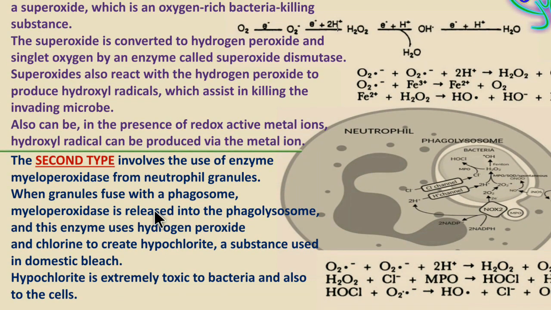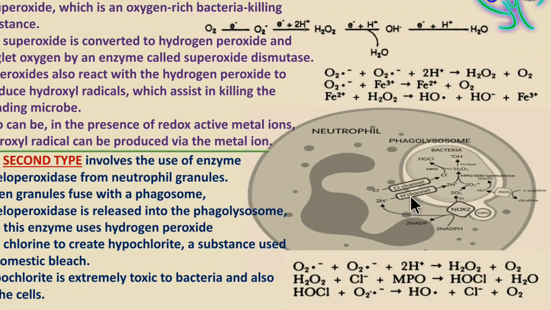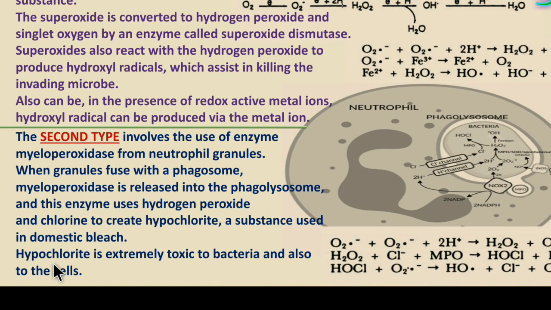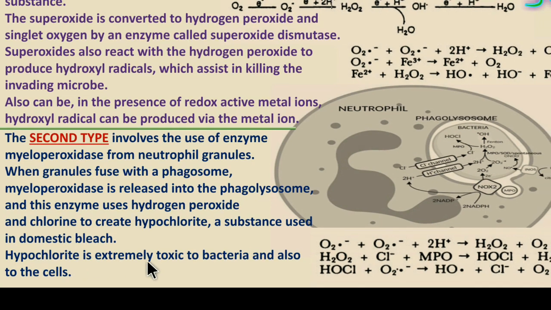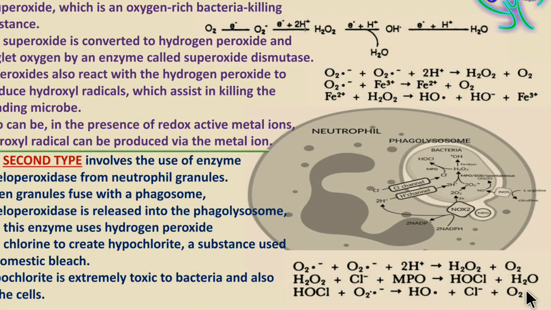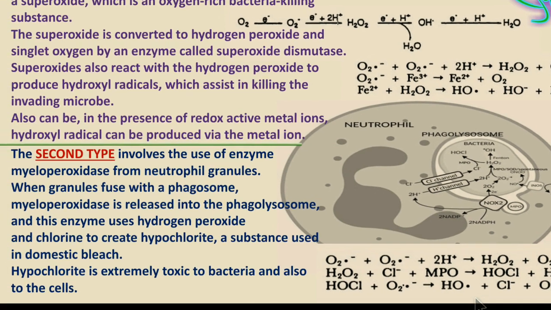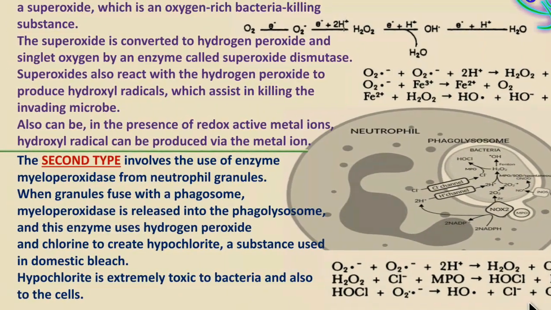Domestic bleach in the sense that, after the killing of the microbes, that has to be cleaned from the cells. That domestic bleach is the hypochlorite, which is extremely toxic. Here this is the hypochlorous acid, which is extremely toxic, and it shows its effect as a free radical.